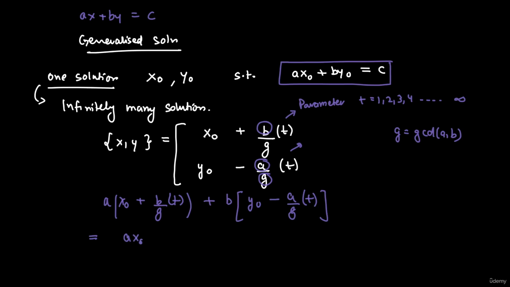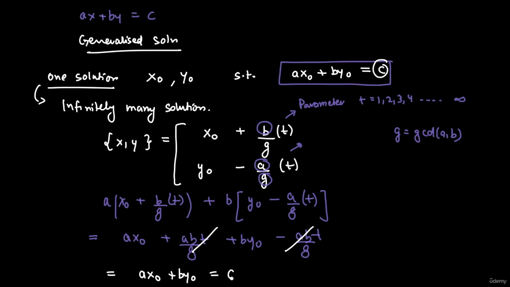It becomes ax naught plus ab upon gt plus by naught minus ab upon g into t. So now you can clearly see that these two terms get cancelled off, and what you get is ax naught plus by naught, and this is equal to c. This we have already seen. So this is equal to c, and hence this family of solutions will also satisfy the given equation.